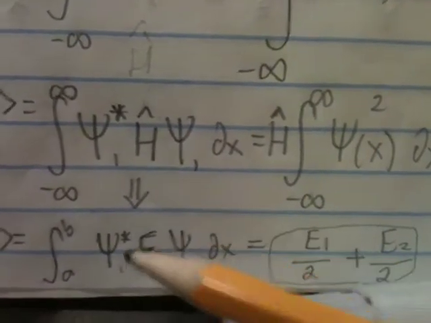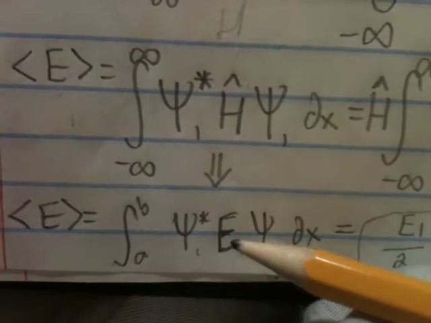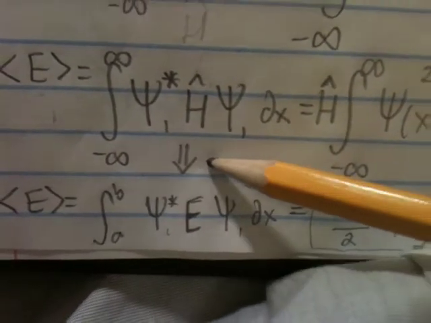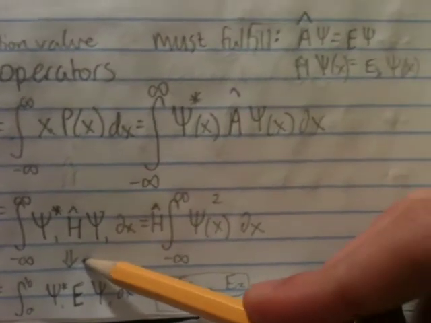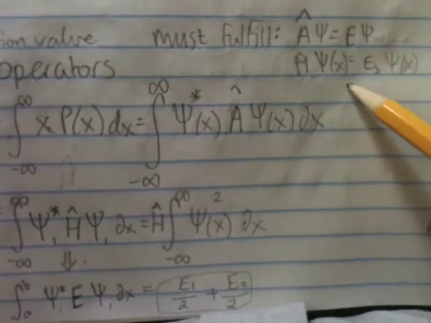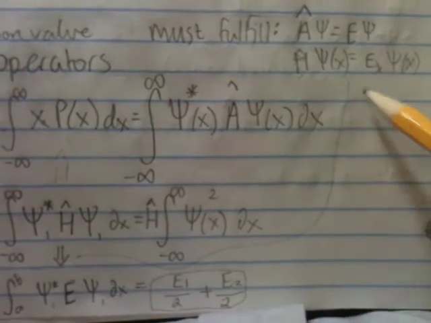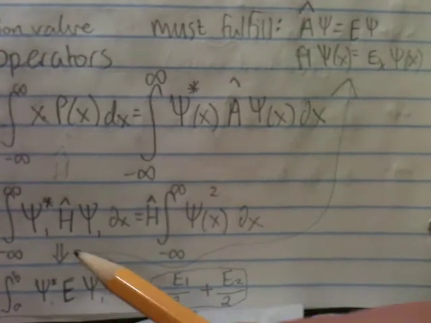So, getting back to our example. Try to find the expectation value of energy. You can rewrite this with the value E, or if you're given some sort of equation for E. This translation is possible because it fulfills this condition. That's why this is possible.